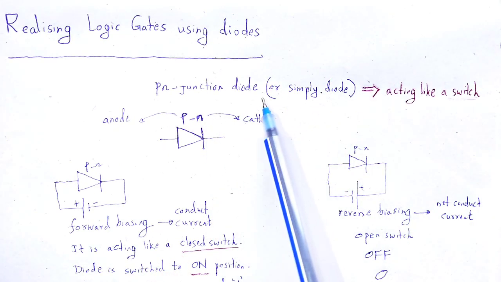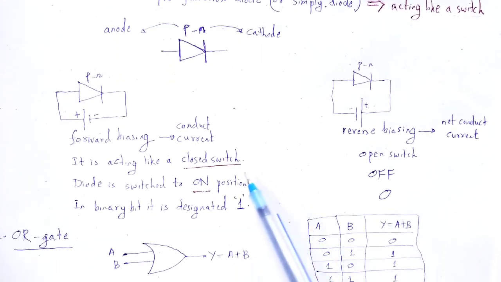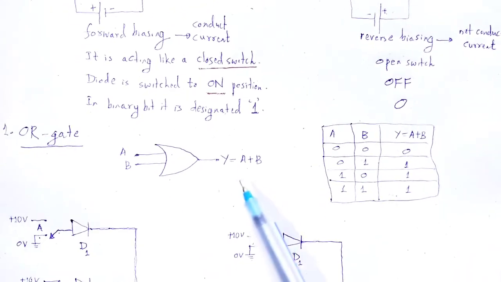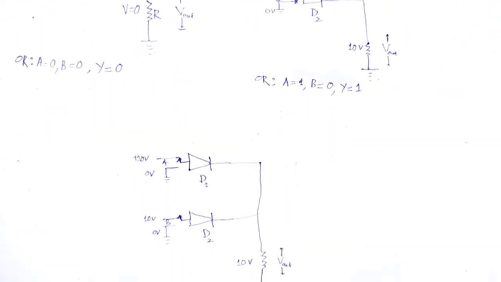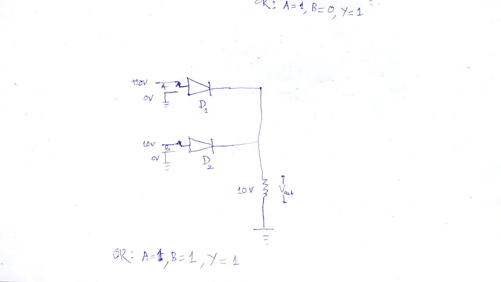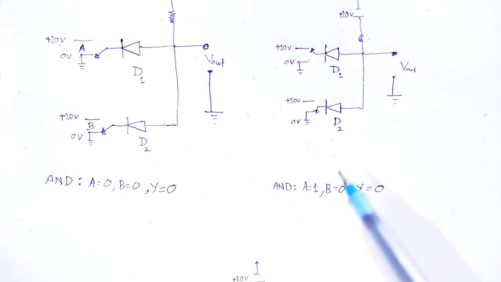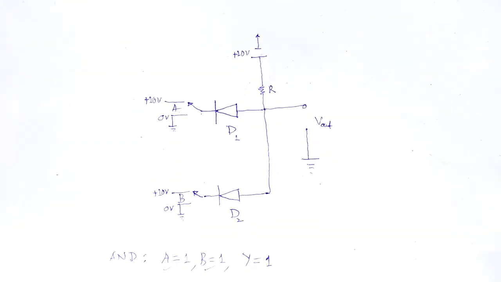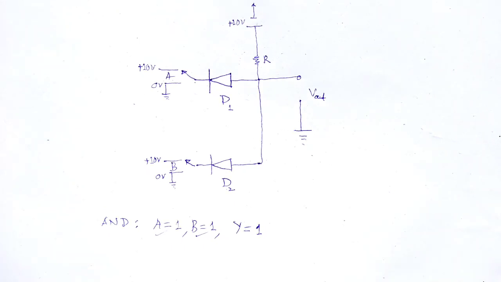First, PN junction diode acting like a switch, OR gate, realizing OR gate by using diodes, and realizing AND gate using diode. So, with this useful and informative notes, let me wind up this session. Thank you.